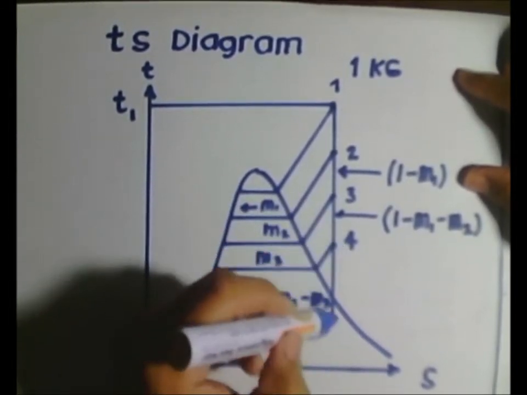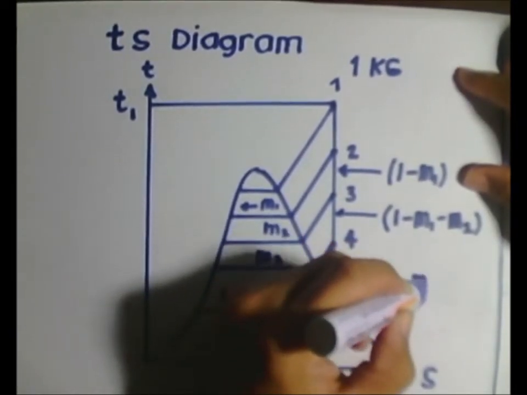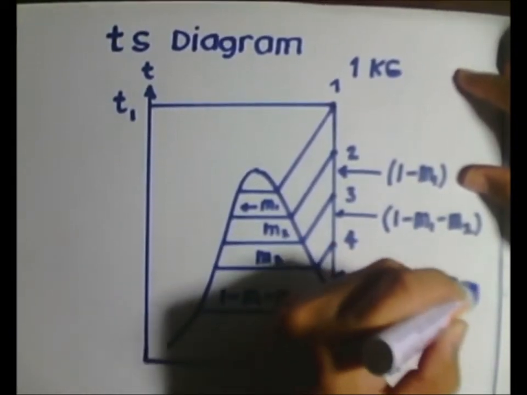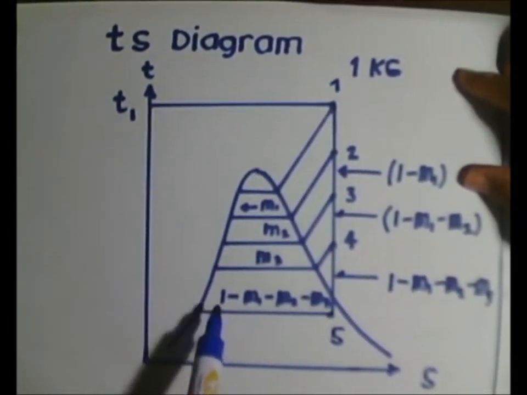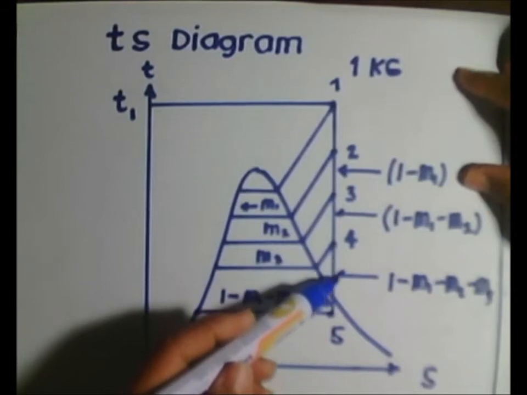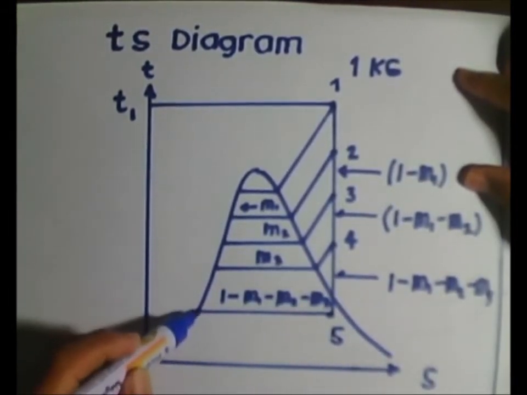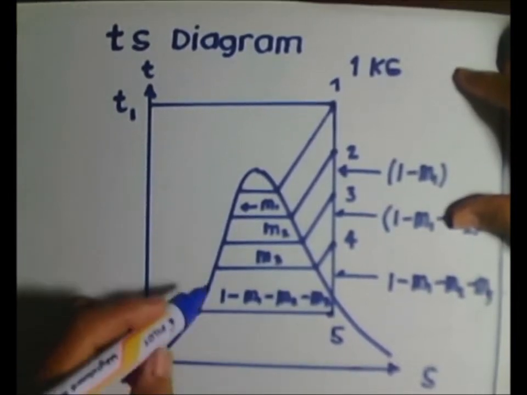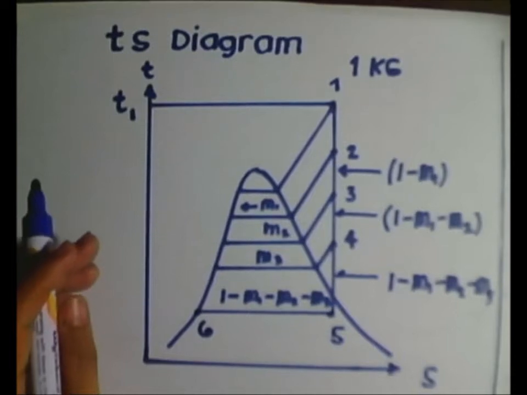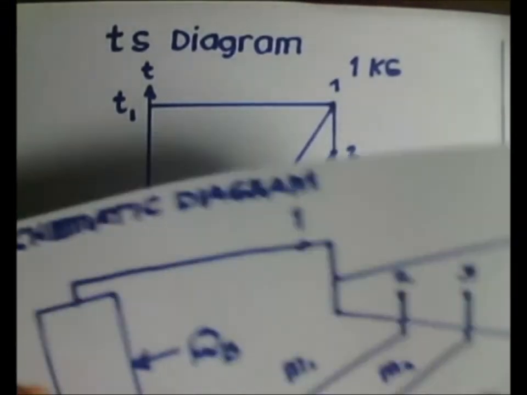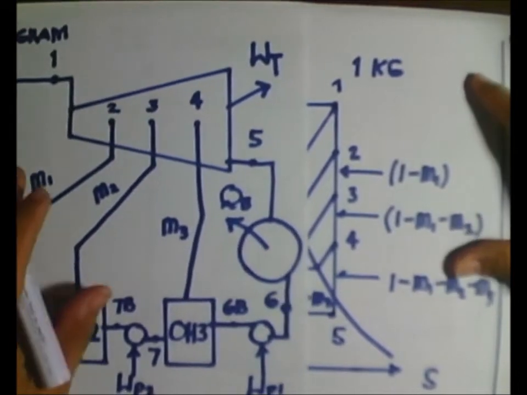And on 4 to 5, it's just 1 minus M1 minus M2 minus M3, like what we have here, that continues to enter the condenser, comes out at point 6, which is reflected here in our schematic diagram.